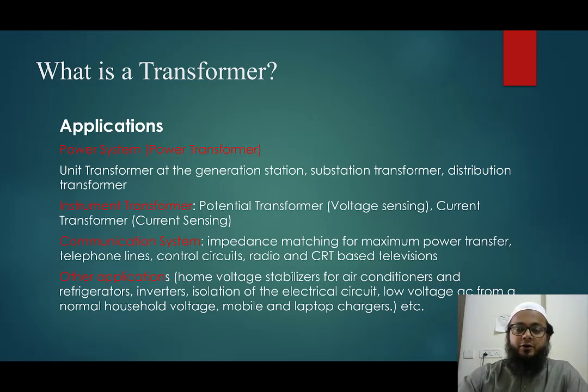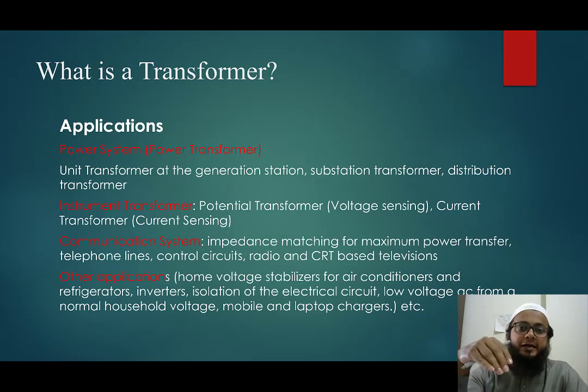In the outskirts of the cities we have a step down transformer. There we step down that high voltage electrical power to a lower voltage of around 33 kV, and then from the main substation of a city, we distribute the electrical power to different localities.